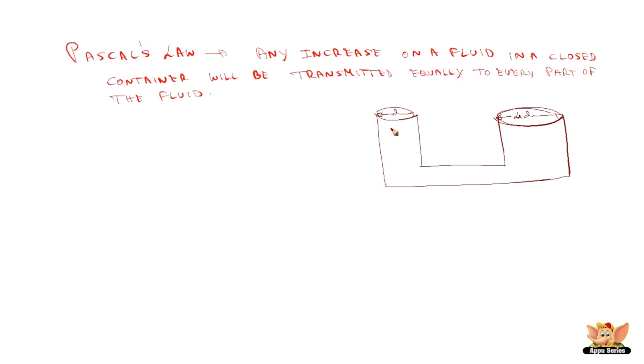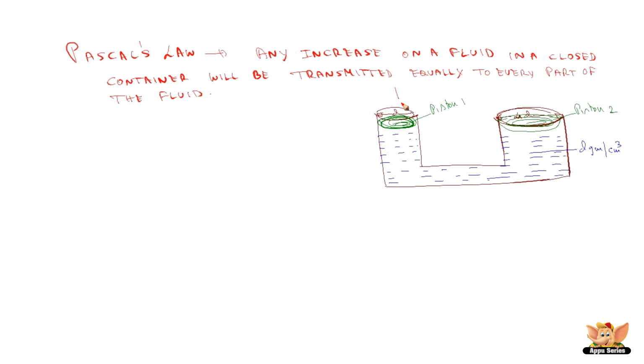And we keep a piston here. This is a piston, and we'll keep a larger diameter piston here. Now there is a liquid with a density D grams per centimeter cube.